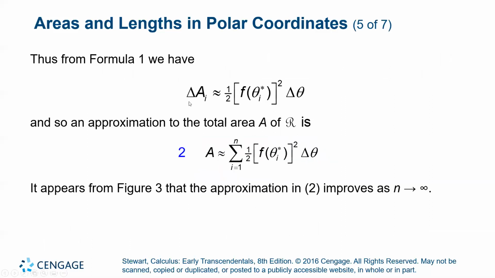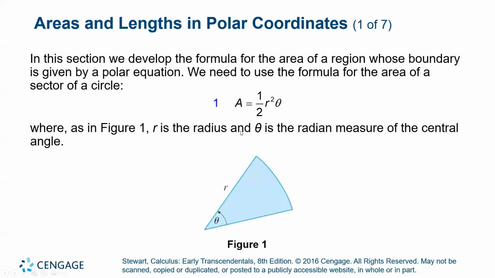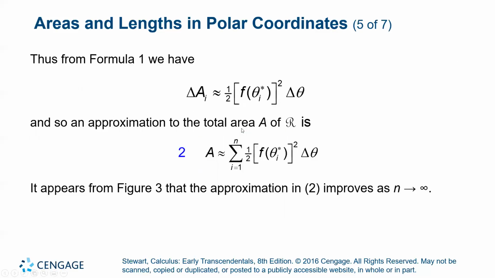The area of one of those slices could be approximated as 1/2 r squared theta, just like we saw in the beginning. So 1/2 r squared will become f of theta squared. And then of course, like we've seen all the time, we have delta theta, which eventually will become d theta in the integral.